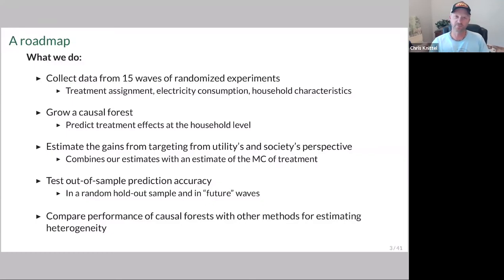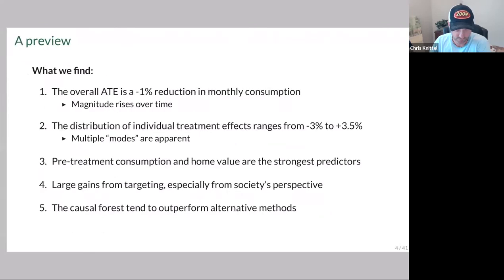But because we have different states and different time periods, I could also think about growing a forest for Connecticut and asking how well it does in New Hampshire or Massachusetts, or growing a forest in 2014 and asking how well it does in follow-on years. So that's what we mean by future waves. And then there we'll compare the performance of the causal forest with these other methods.